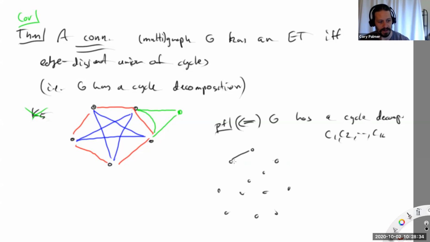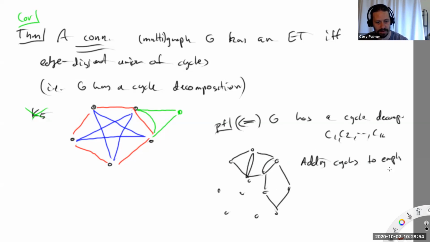So just draw them down. Here's cycle 1, added there. Here's cycle 2. Maybe cycle 3 is here, and so on and so forth. So just keep drawing down the cycles, adding cycles to the empty graph. Here, when I say empty graph, I mean the graph on the same vertices, but no edges.